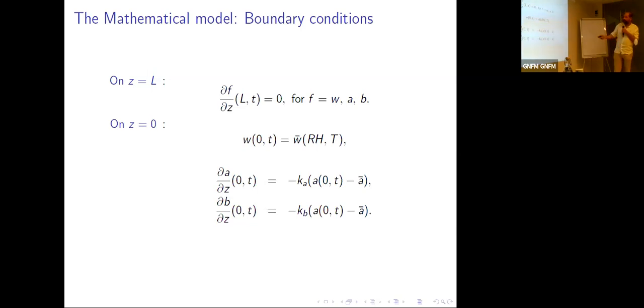Concerning carbon dioxide and carbonate, we assume a flux condition depending on the difference between the carbon dioxide on the surface Z equals 0 and the ambient concentration of carbon dioxide. Ka and Kb are constants that will be determined by calibration.